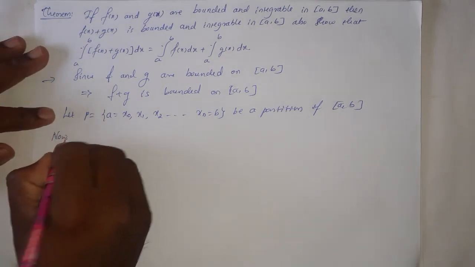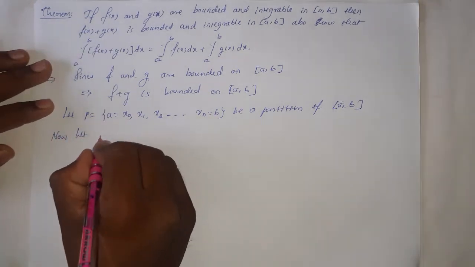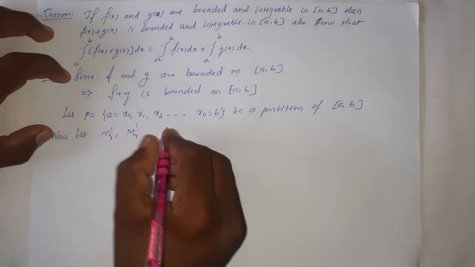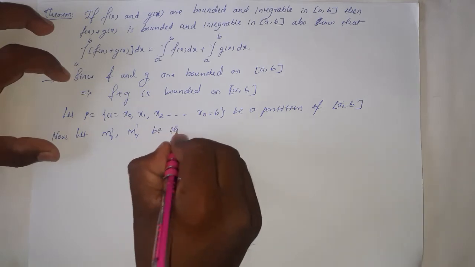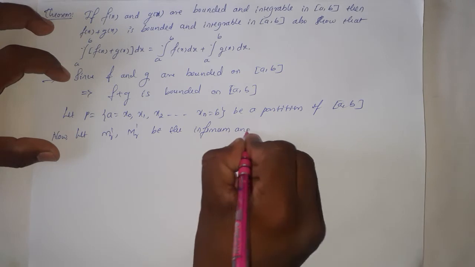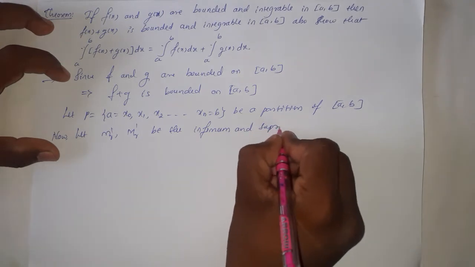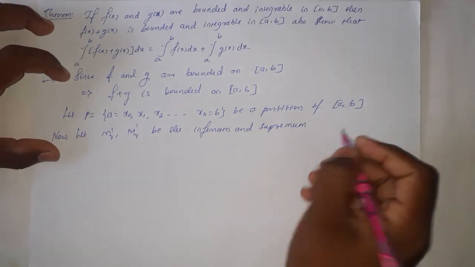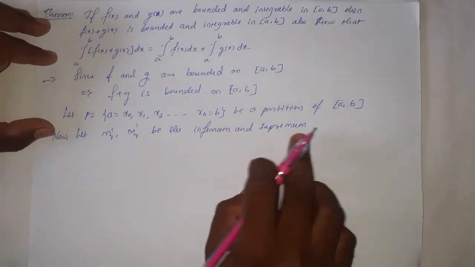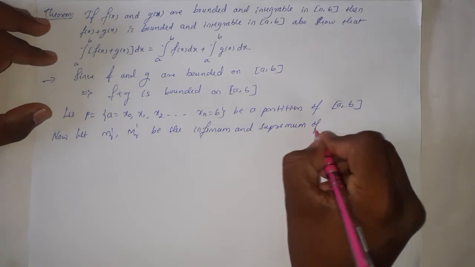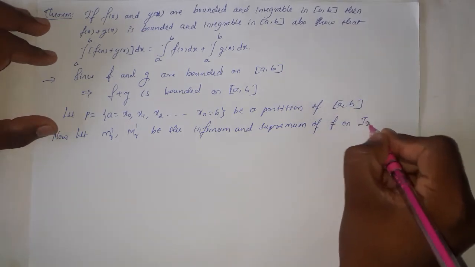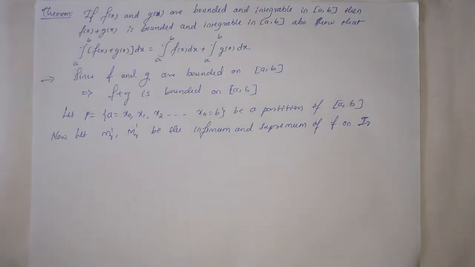Now, let small mr dash and capital Mr dash be the infimum and supremum of the function f on the rth subinterval, that is IR.